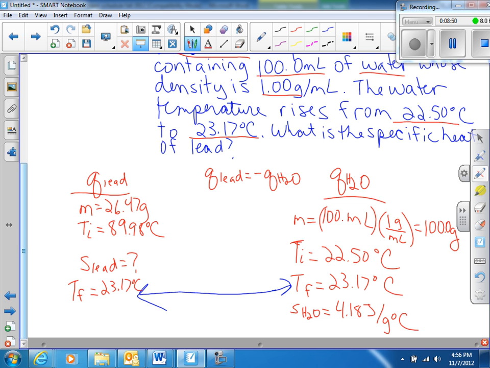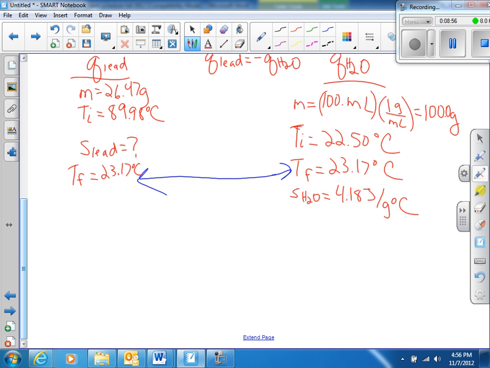Okay, so we have our equation. Let's extend the page. Q lead equals negative Q water, or m s delta T for the lead is negative m s delta T for the water.